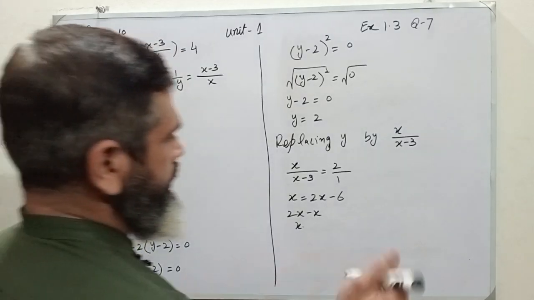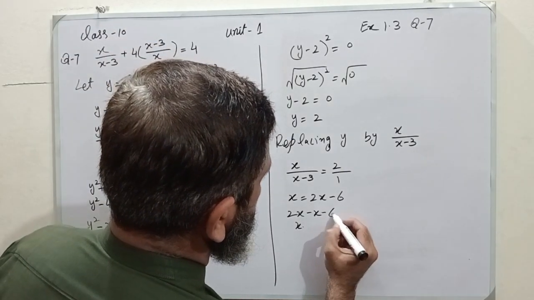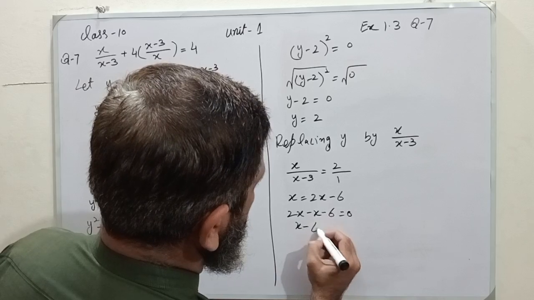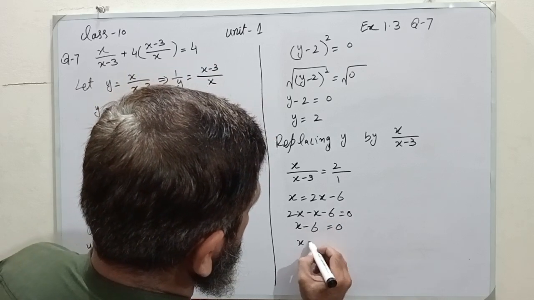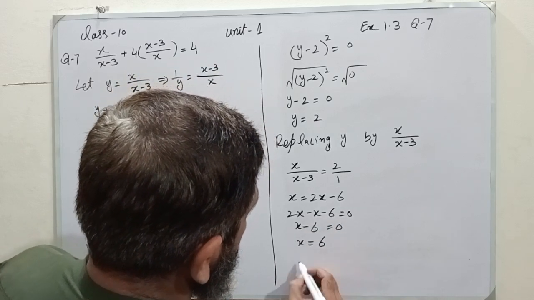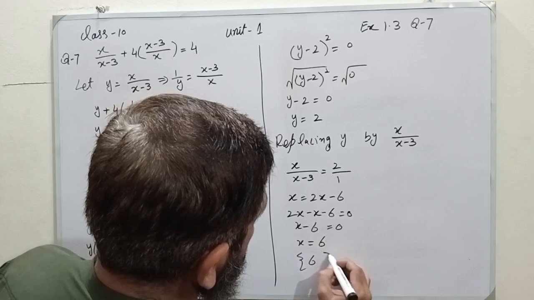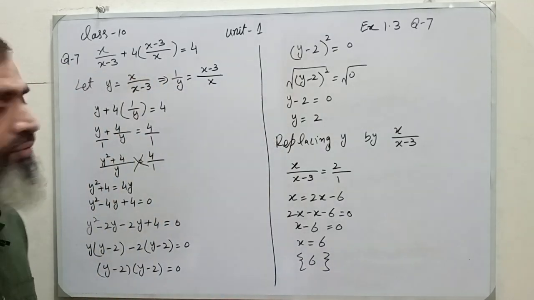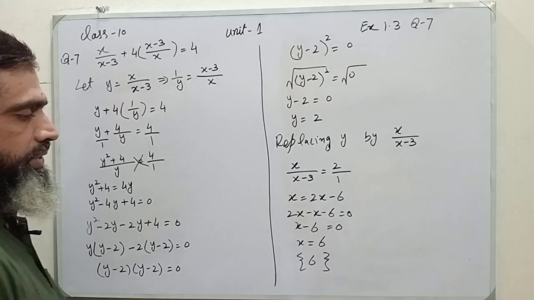So x minus 6 is equal to 0, x is equal to 6. So 6 is the solution set of this equation.